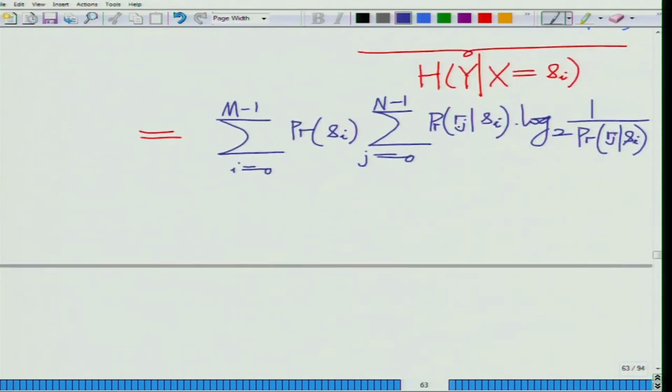Now, if you take probability of Si inside and multiply this, take probability of Si into probability of Rj given Si, that is y equal to Rj given x equal to Si, that is simply probability of Si comma Rj.